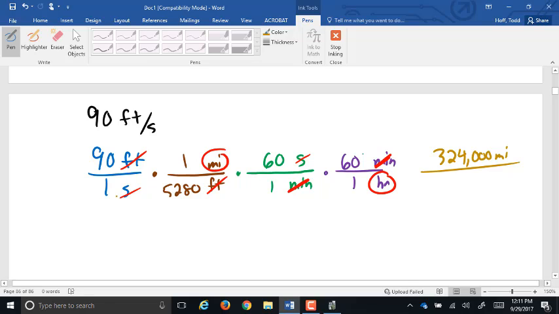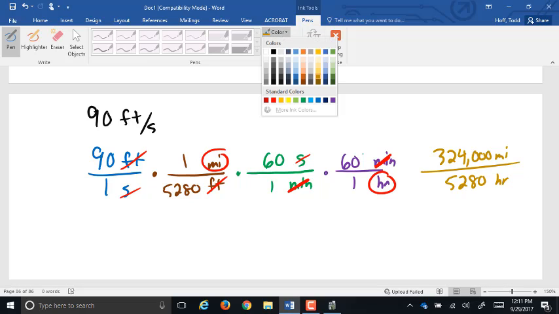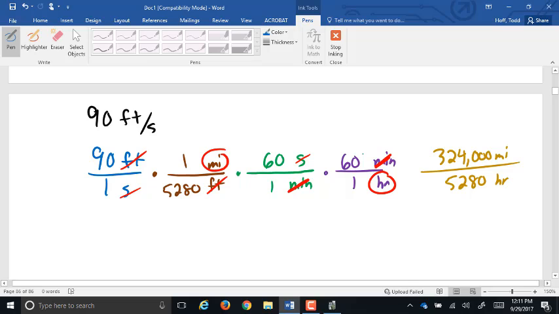On bottom, 1 times 5280 times 1 hour is 5,280 hours. And now we do have to divide that out. Was that like 61.4, 61.36? The 61.36 I remembered from before. I've done that one before.